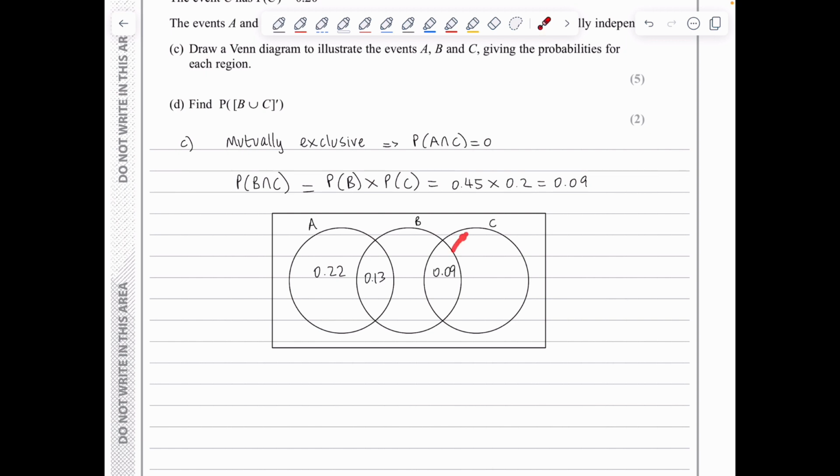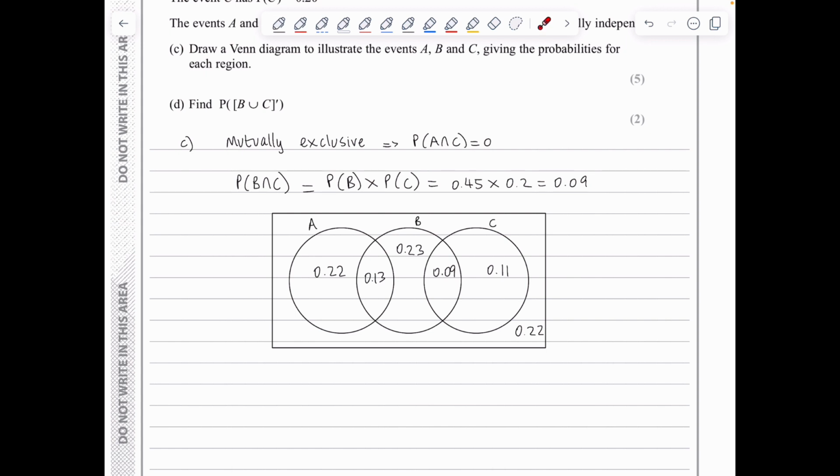Since all of C was 0.2, it means that the only C part is 0.11, and we knew the probability of B was 0.45, so if I deduct the 0.13 and the 0.09, I get 0.23 for the only B part, and if I add all of these and deduct from 1, I get that outside it's 0.22, and that's the complete Venn diagram.